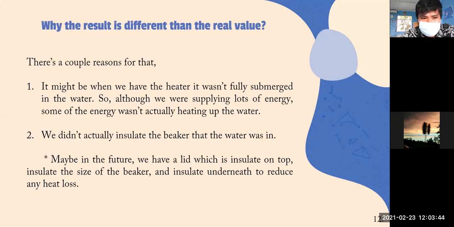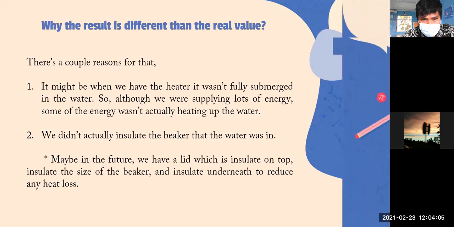So, although we were supplying lots of energy, some of it wasn't actually heating up the water. Second, we didn't insulate the beaker. In the future, we could have an insulating lid on top, insulate the sides of the beaker, and insulate underneath to reduce any heat loss.